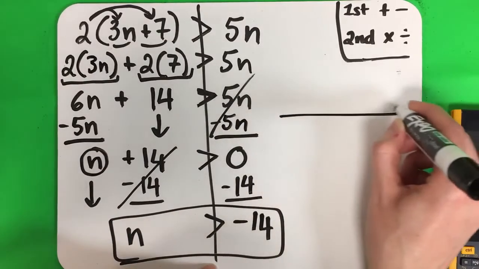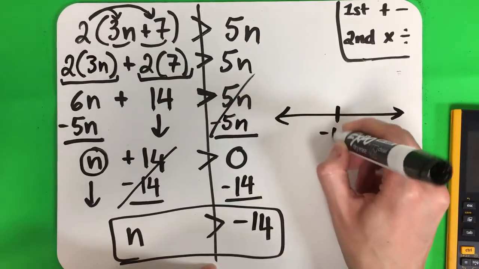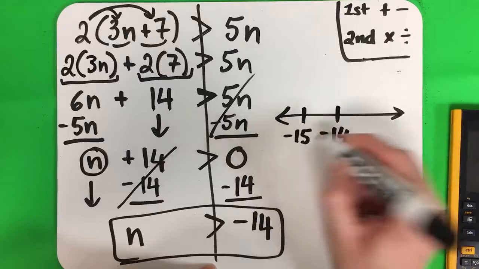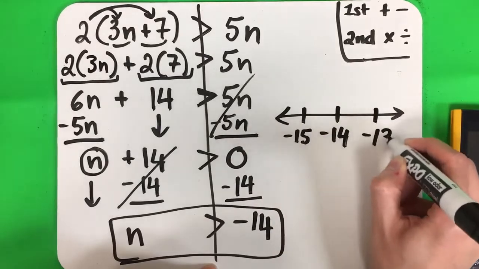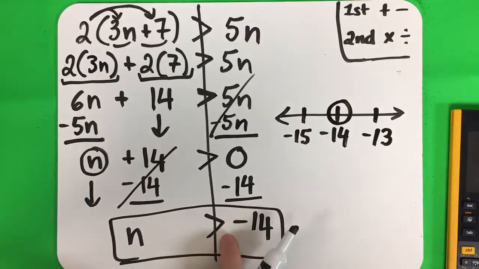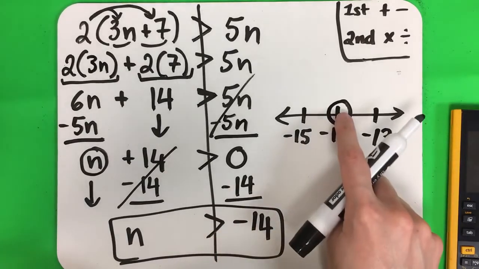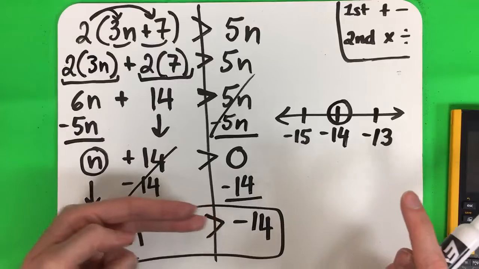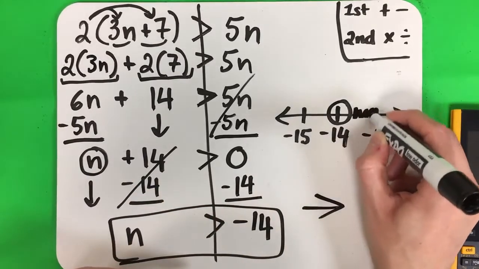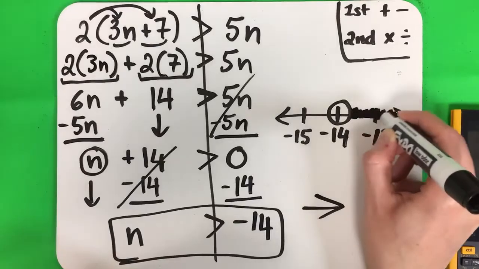And we're going to draw our graph. Here's negative 14. And here is actually negative 15. Negative 13. Circle. No line. No color. And this line is going to the right, a la derecha, like that.